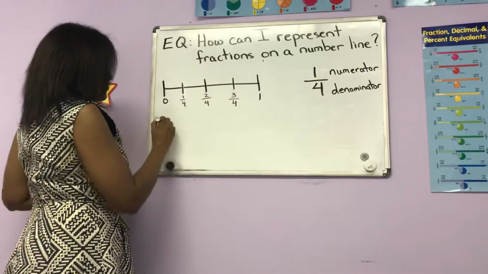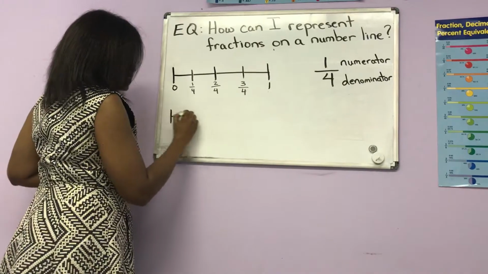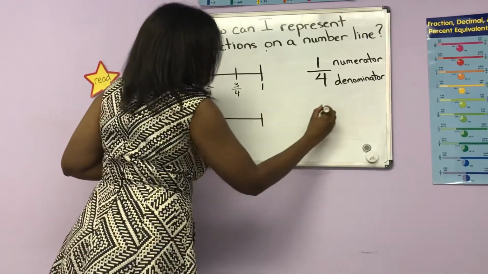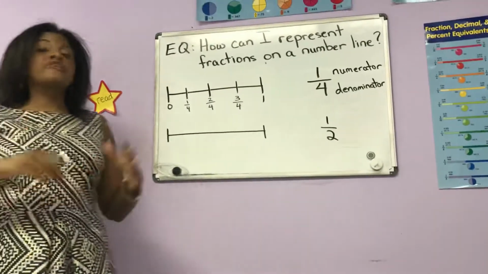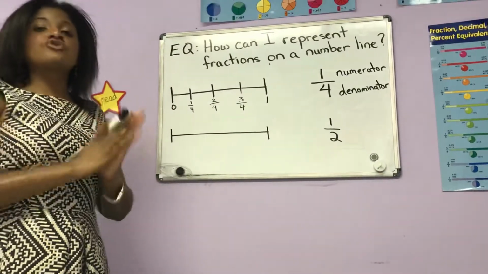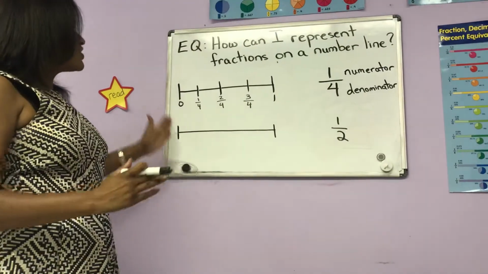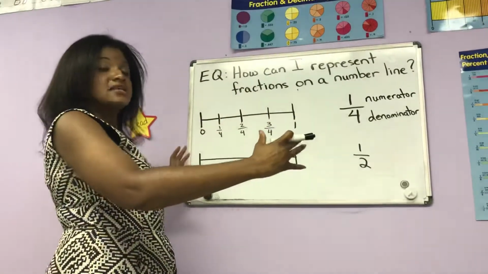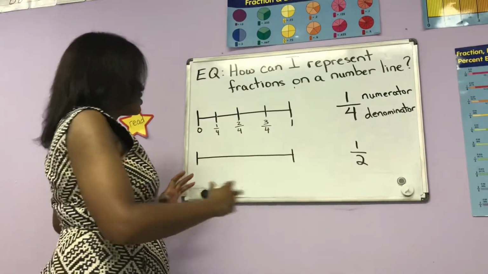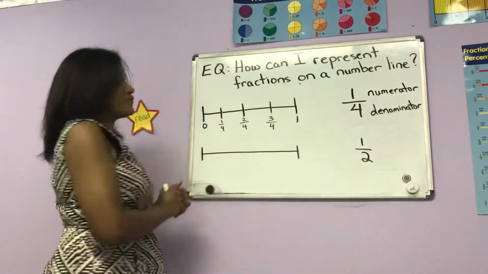All right, but I do want to show you another fraction. When you're trying to represent your fractions, whether it's a picture or a number line, you do want your drawing to be consistent. So if you notice, I'm trying to consistently draw my number line the same size so that there's no confusion. So right here, I want to represent the fraction 1/2.